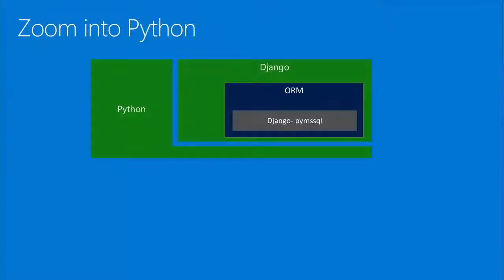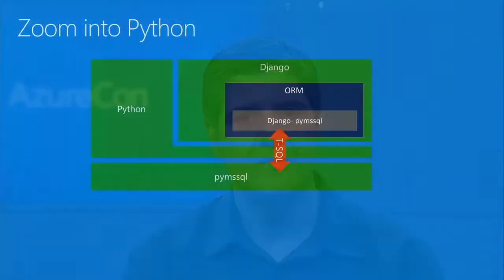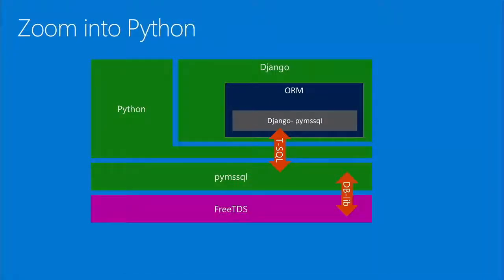Yes. So I'd like to just take one of those stacks and zoom in a little bit just to see how exactly does this work. So for somebody who wants to write code in Python, a lot of people actually write code against Django. It's a nice framework for building apps, and it's a very popular thing. Within that, there's an ORM that allows you to persist your data into SQL. So the Django PyMSSQL connector works pretty well, and that uses the T-SQL connectivity with PyMSSQL, which ultimately runs on top of FreeTDS.